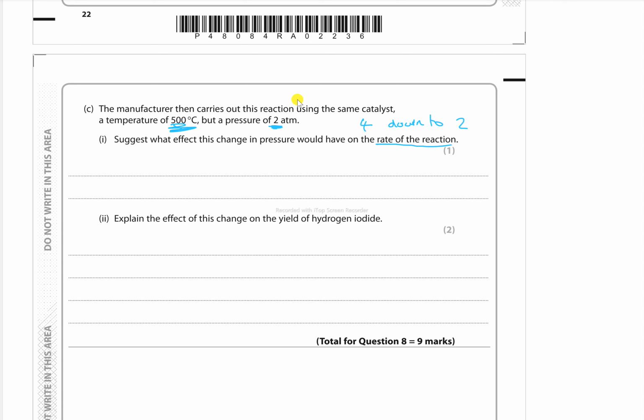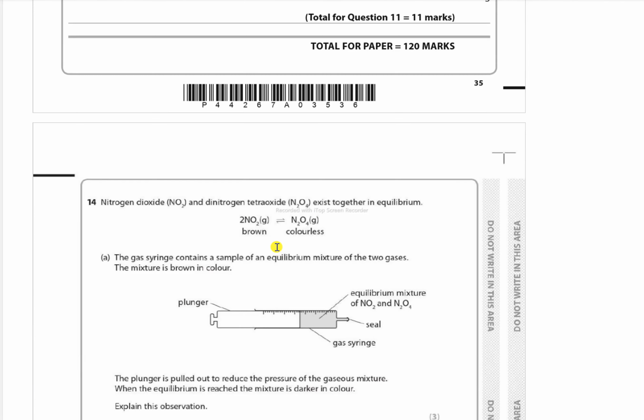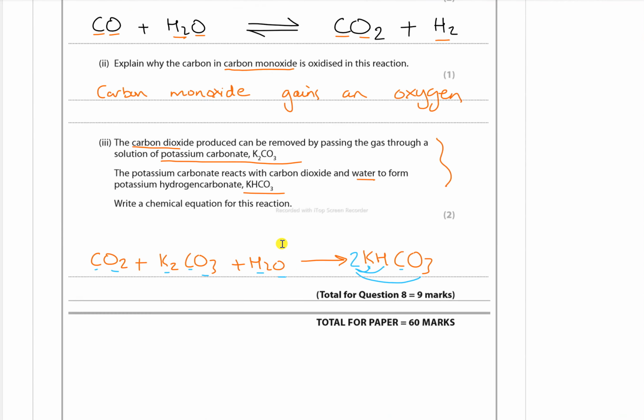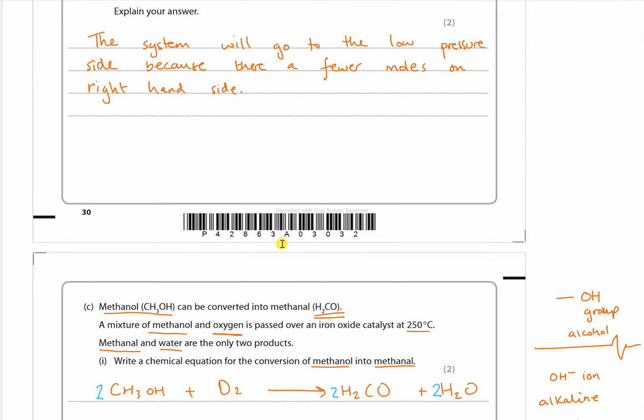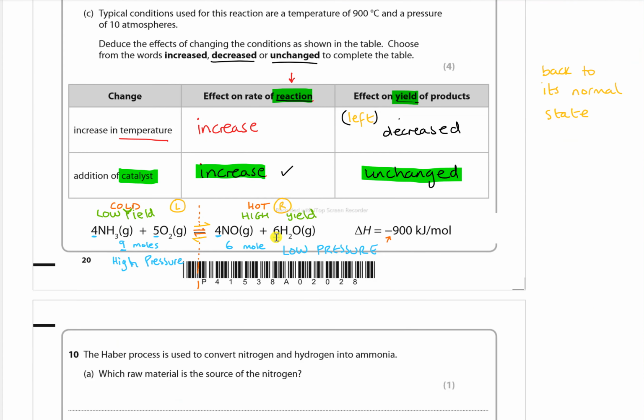So remember, we did this earlier. Let me just zoom up, see if I can find that table. It's actually quite a good table. Look at this one here. This is a perfect table to take a shot of and learn.